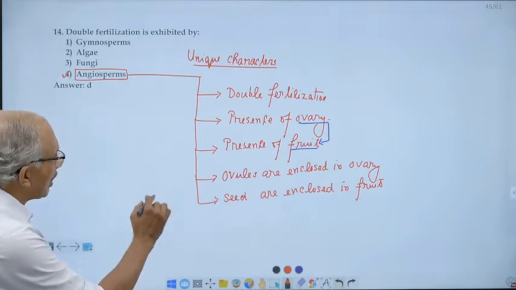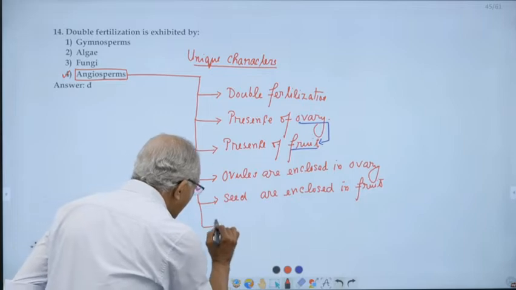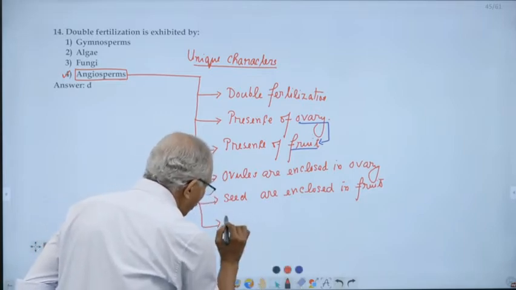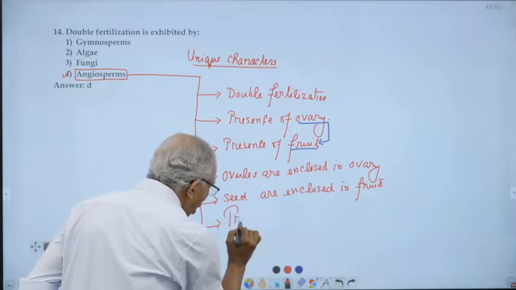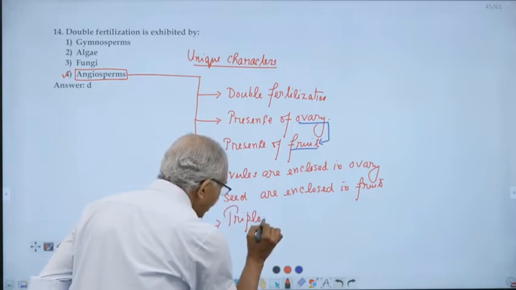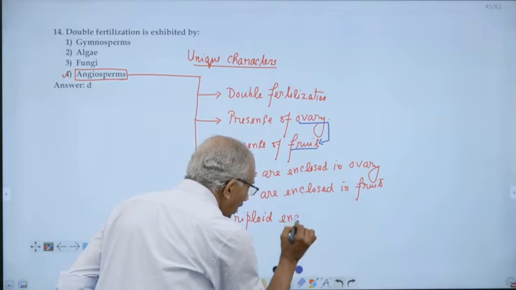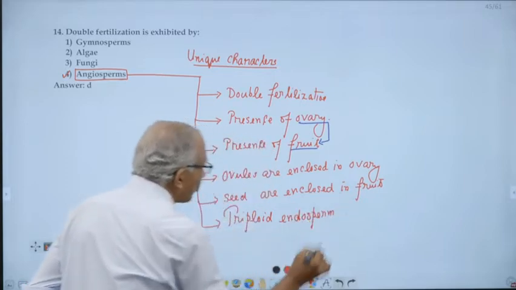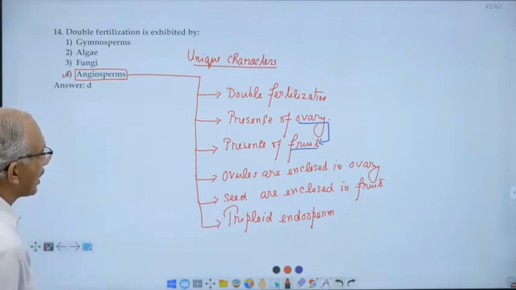From the reproductive side, then next, triploid endosperm. It is a unique character.